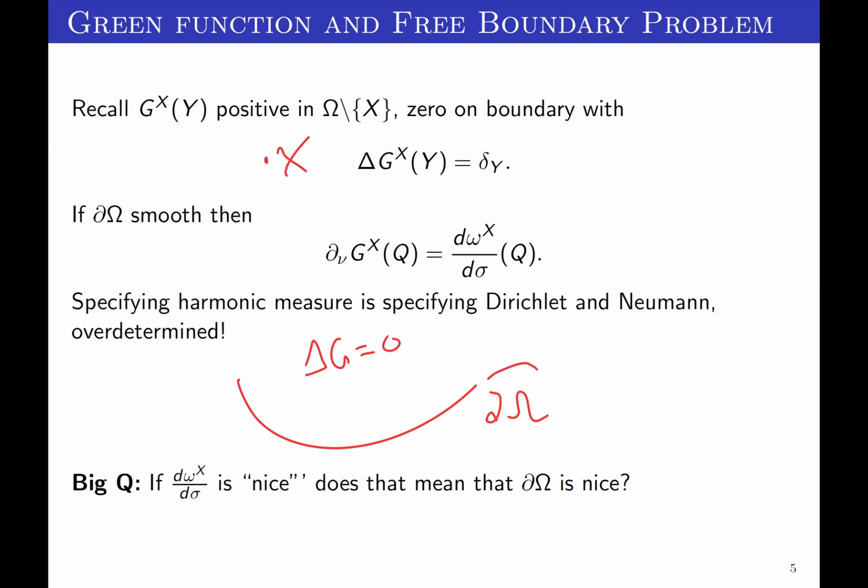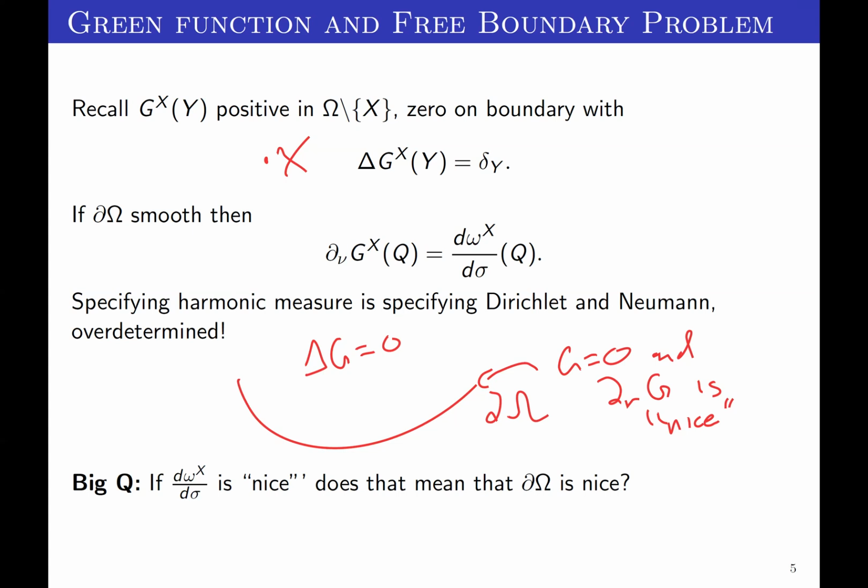And then on the boundary, we say that G equals 0 and the normal derivative of G is nice. Since we're over-determining the problem, it means that omega can't be anything. There has to be some constraints on omega. And thus this turns into a free boundary problem, right?